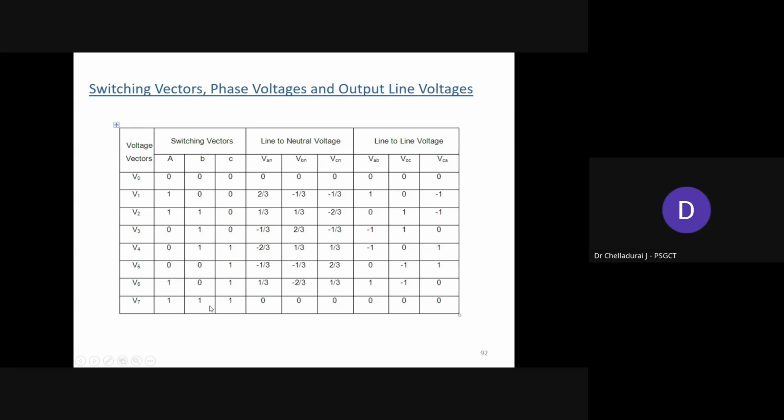Similarly for the last case 1, 1, 1, the output voltage is equal to 0. The remaining 6 states will produce the different output voltages. To analyze this, consider the star connected R load, then try to derive VAN, VBN and VCN. You will get 2 by 3 times of VDC during this particular mode of operation, and similarly minus 1 by 3 for VBN and VCN, etc.